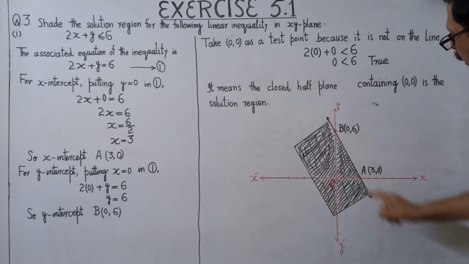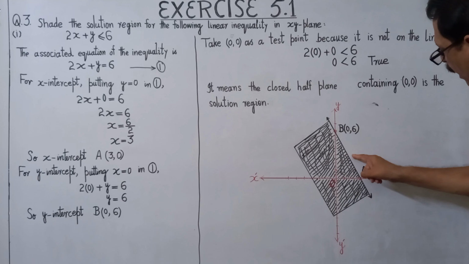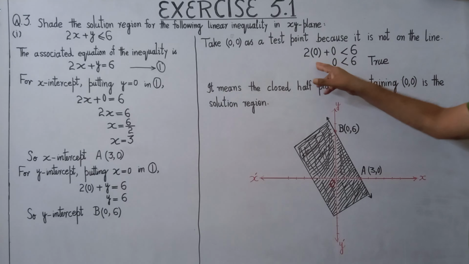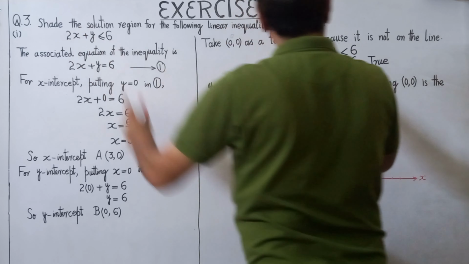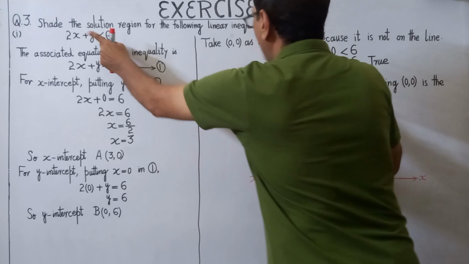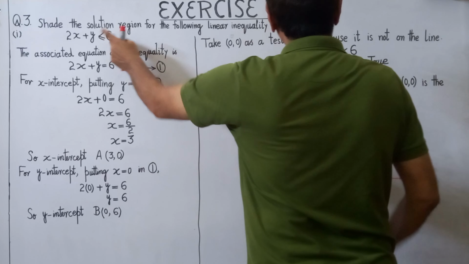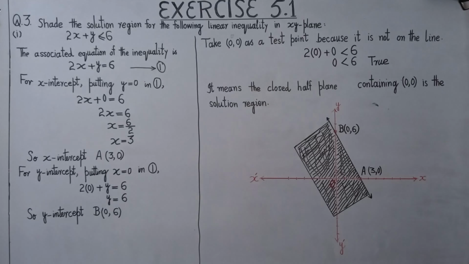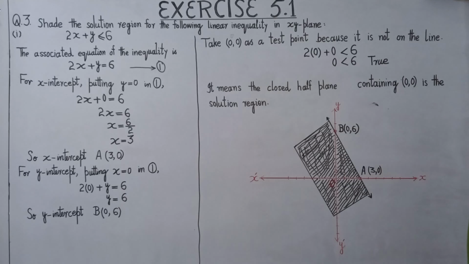This is the line, and 0, 0 is not on the line. So 2 into 0 plus 0 is less than or equal to 6. Now you see 0 plus 0 is less than 6.